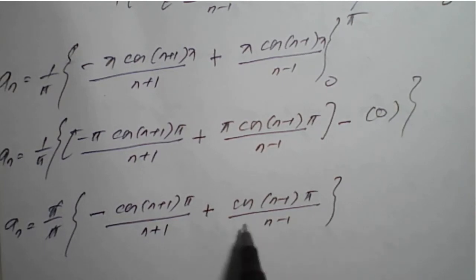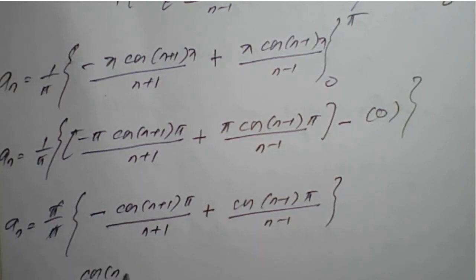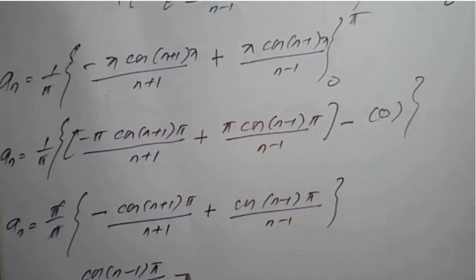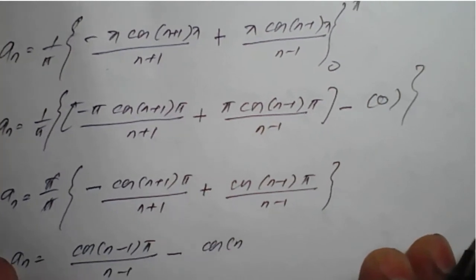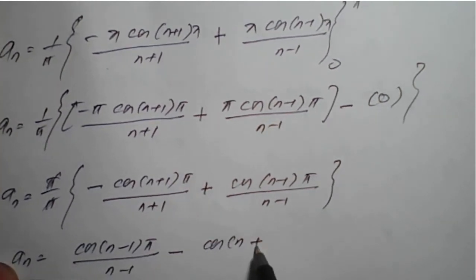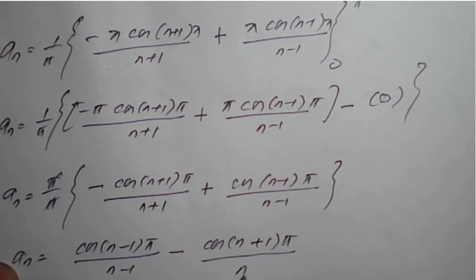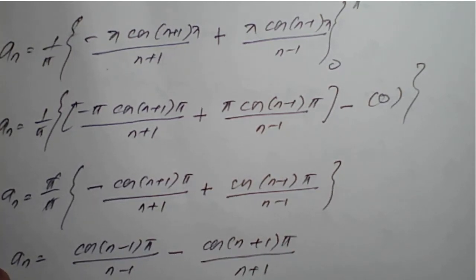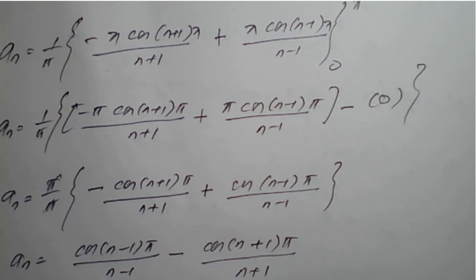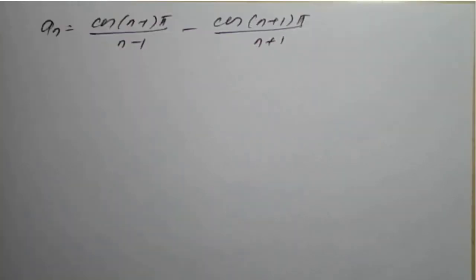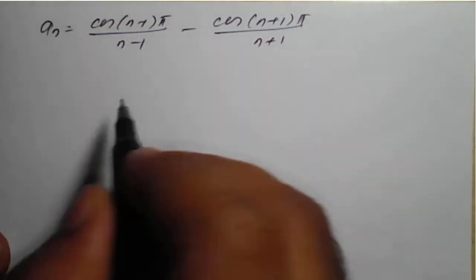a_n will become the positive term first, that is cos of (n minus 1) pi divided by n minus 1, minus cos of (n plus 1) pi divided by n plus 1. So we got this as the a_n value now. Here we can do a small simplification.